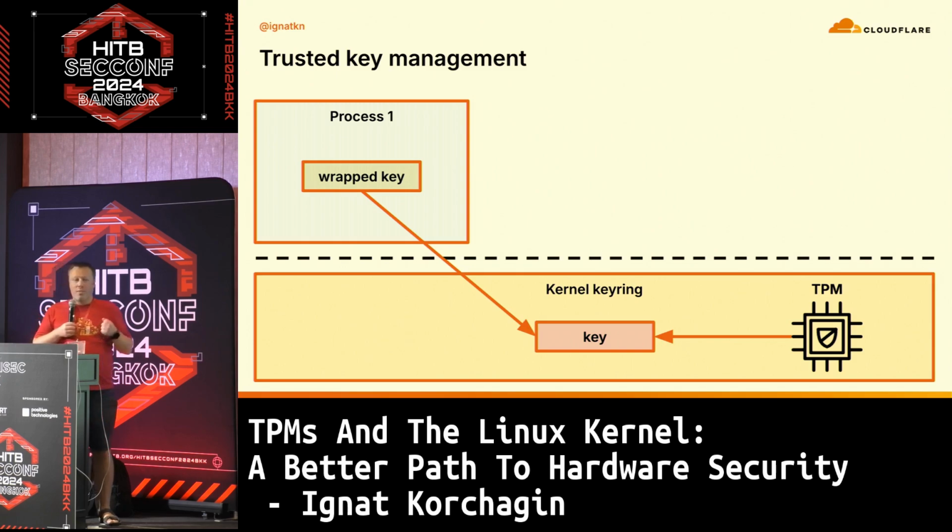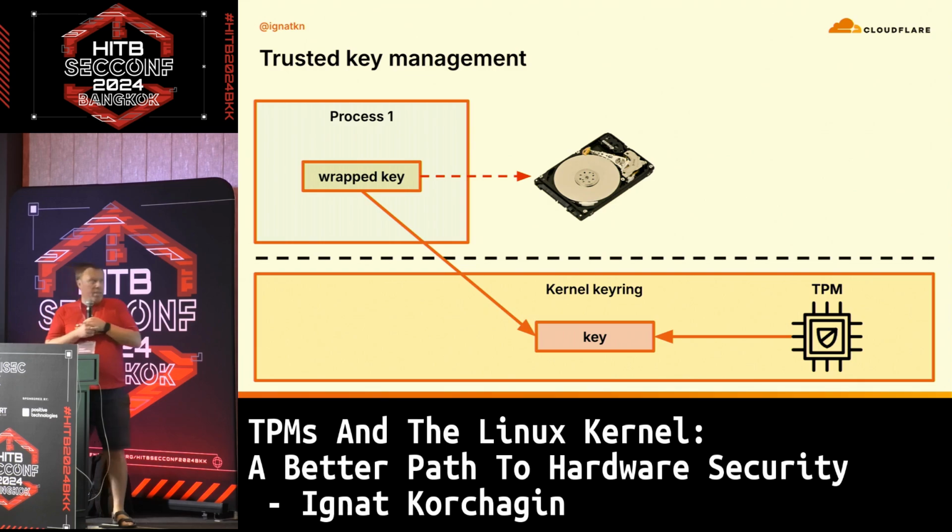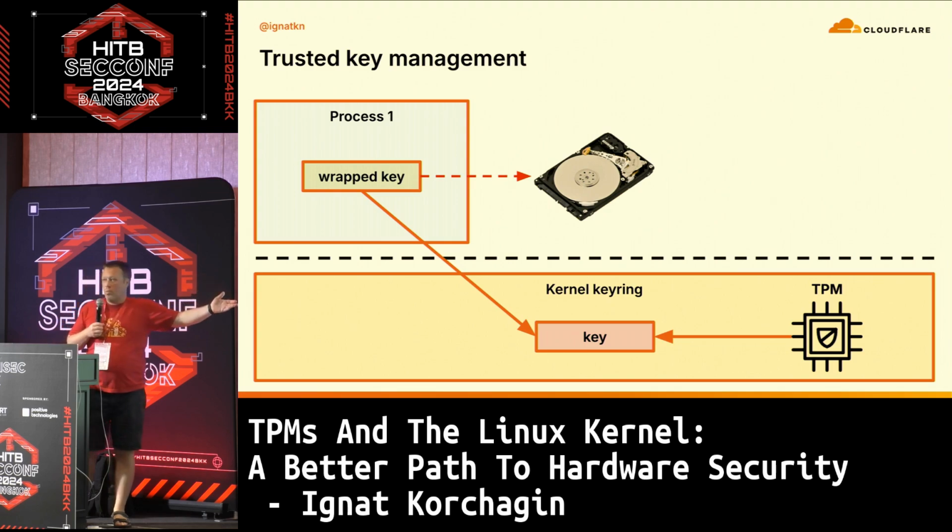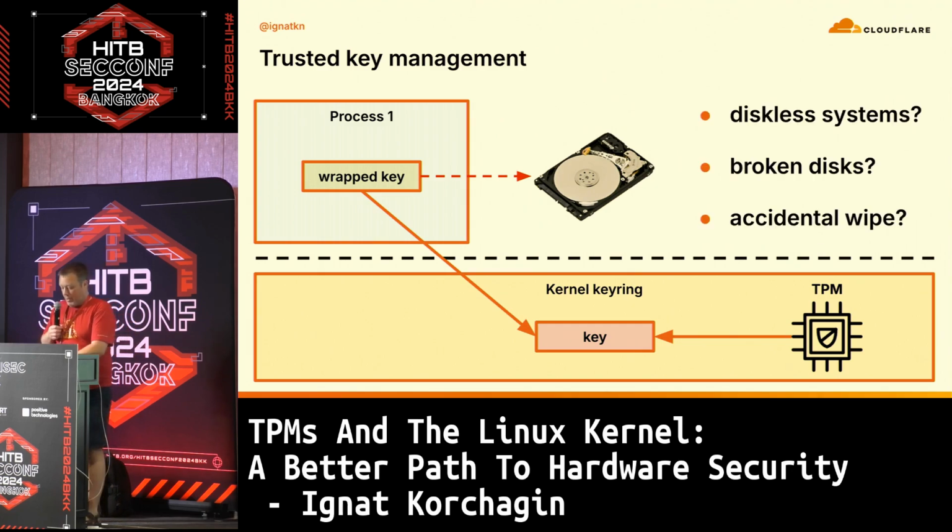But the problem is the kernel key store facility is in memory, it's stateless. So when somebody shuts down my computer or I do a server reboot, if I want to use that key again, I need to do some key management. I need to store it somewhere. So this brings state to the system.